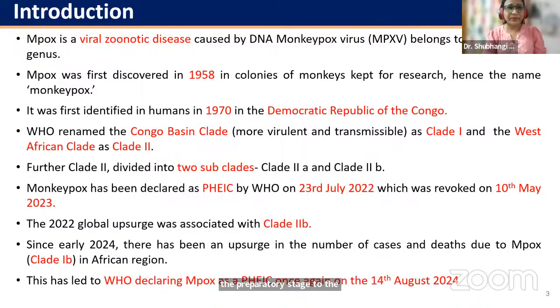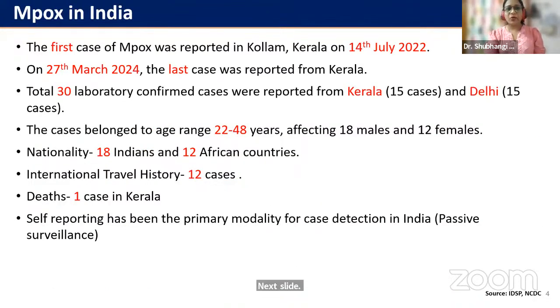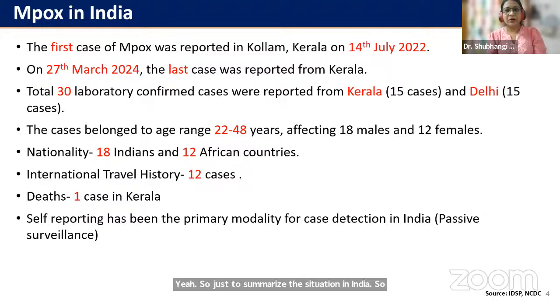This is all covered. Next slide. Just to summarize the Mpox situation in India, which was also covered by Dr. Pragya: the first case of Mpox was reported in Kollam, Kerala on 14 July 2022, and the last case was reported on 27th March 2024, again from Kerala.